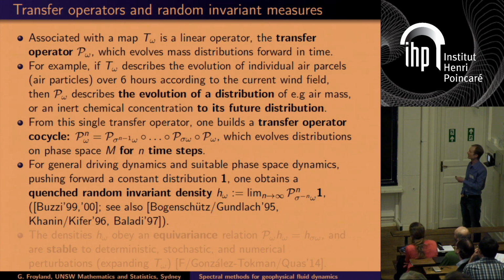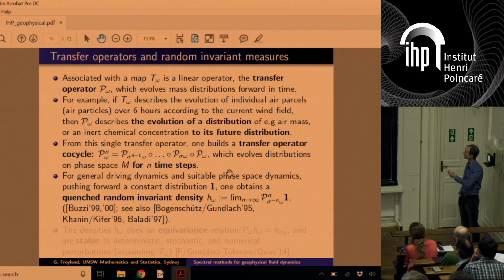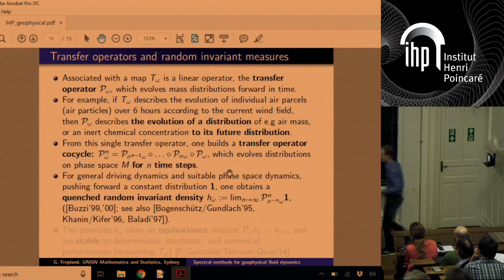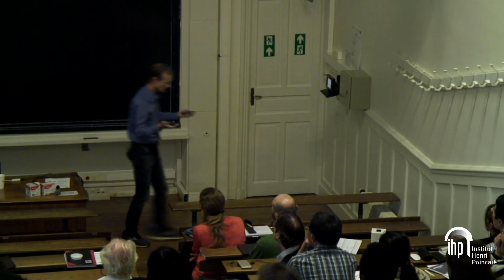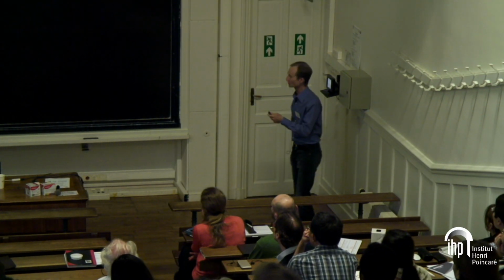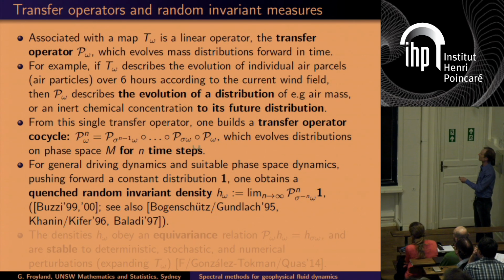So in the expanding case, if you took, for example, a constant distribution represented by the constant function 1, and you push this forward, you converge to a family of functions that I'm calling H omega. So you're pulling back n steps and then pushing forward to the present.